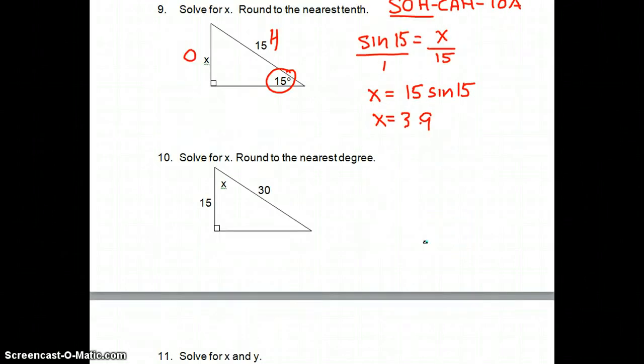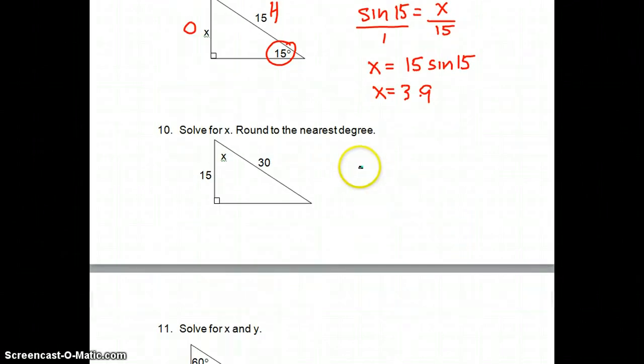Number 10. Solve for x, round to the nearest degree. Here's our angle here, and we don't know it. And we've got hypotenuse, and this is adjacent, so we're A and H. We're going to use cosine, so cosine of x is equal to adjacent over the hypotenuse.